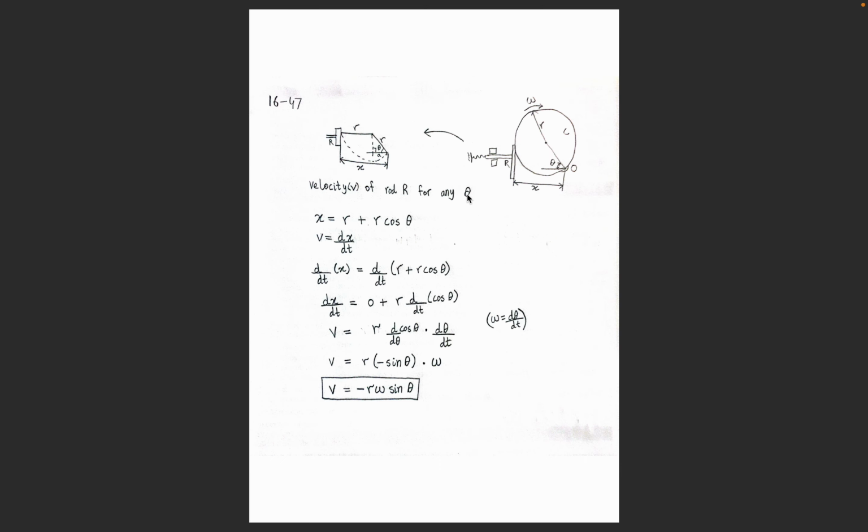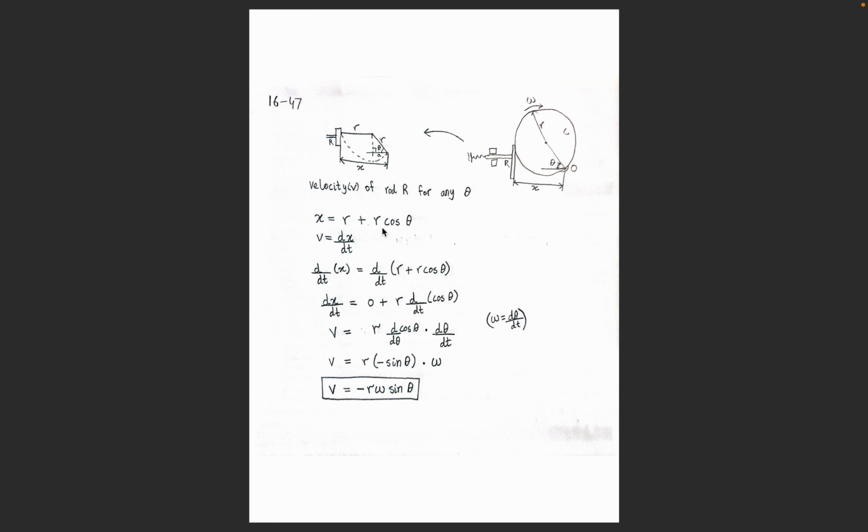As you can see, the velocity of the rod R depends on the motion of cam C, because plate A is connected to rod R, and when the cam C rotates, it touches the plate A. So X is equal to R plus this distance, which is parallel to the distance over here.